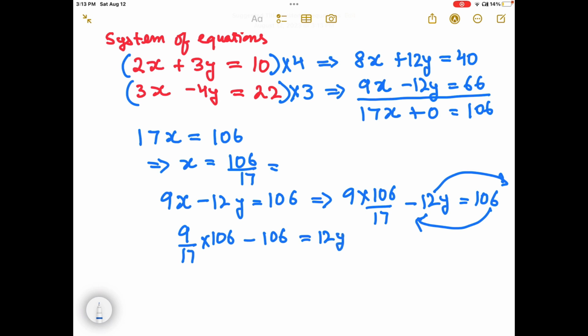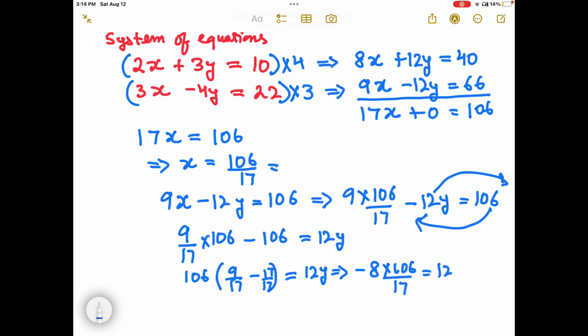Now 106 is common in both of these, so we take it outside the bracket, and inside the bracket 9 over 17 minus 1 is equal to 12y. This 1 we can make into 17 over 17. So 9 minus 17 is minus 8 over 17. So this whole thing becomes minus 8 times 106 divided by 17 is equal to 12y.